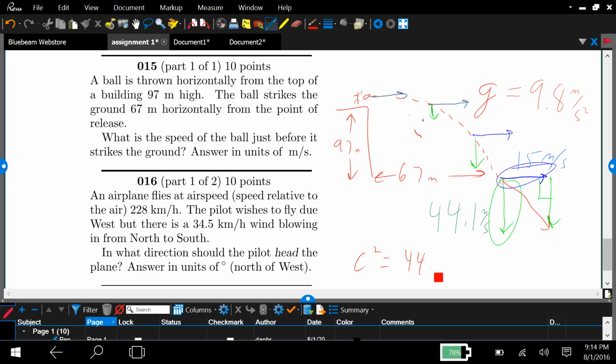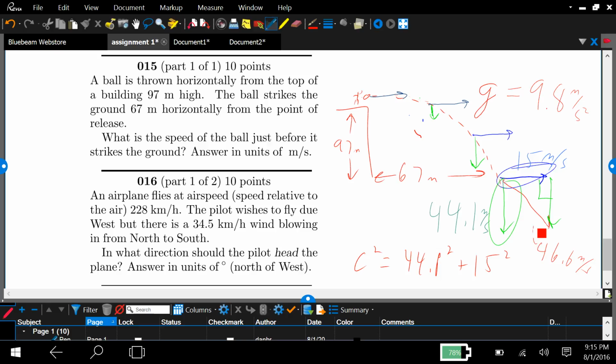So I'm going to do 44.1 squared plus 15 squared, and then I will square root that to find out what is the speed right there at the beginning. And I'm getting 46.6 is the hypotenuse.